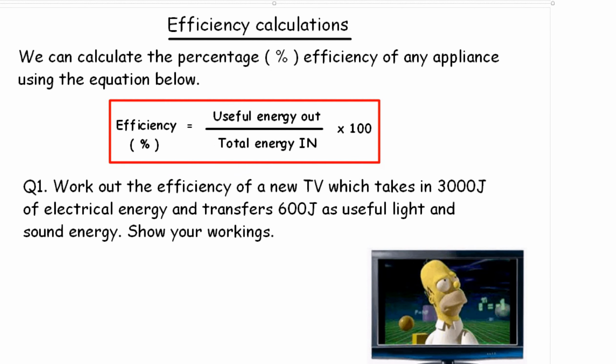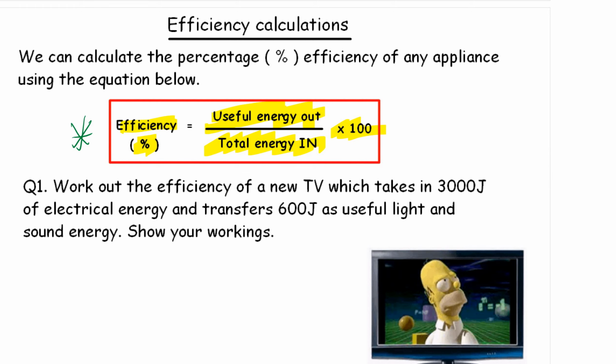Now, efficiency calculations. Let's have a look at these now. We can calculate the percentage efficiency of any appliance using this equation here. Efficiency, percentage, is the useful energy out divided by the total energy in and multiply it by 100.